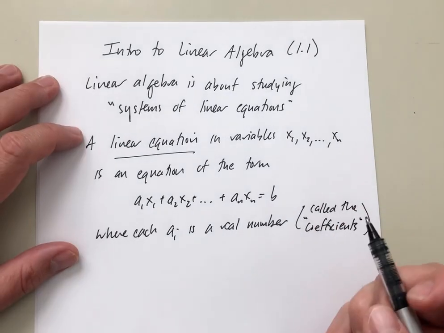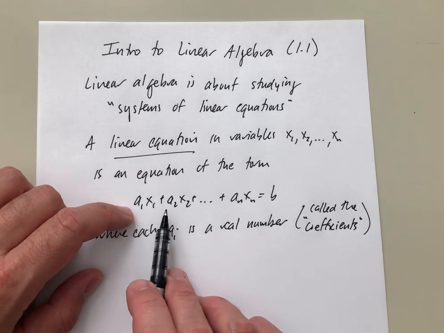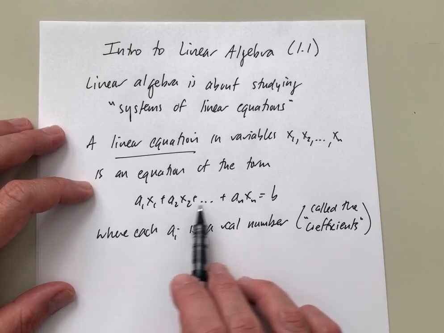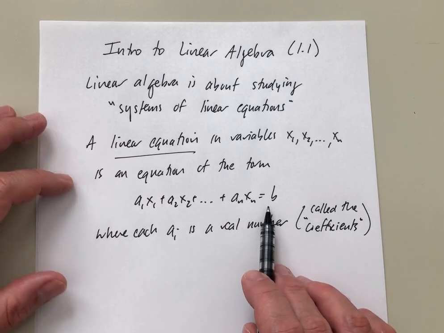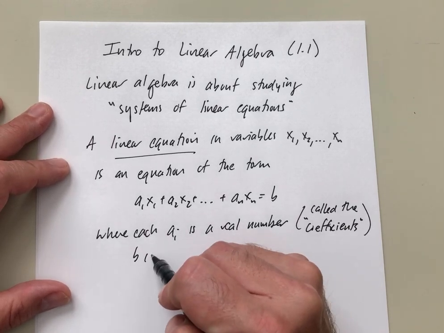I can multiply each variable by a real number. It could be 0, which will make that term disappear. Then I add up all of those scaled variables and set this equal to a real number, so b is also a real number.